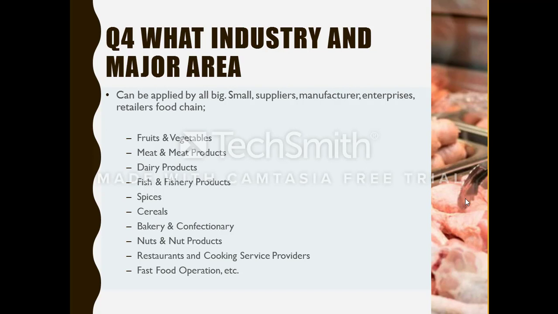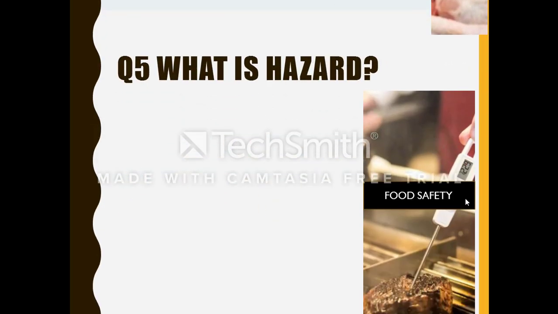Whether you are a big company or small company, suppliers, manufacturers, enterprises, and retailers along the food chain, as long as you have a well-defined PRP, then it is easy to do HACCP.